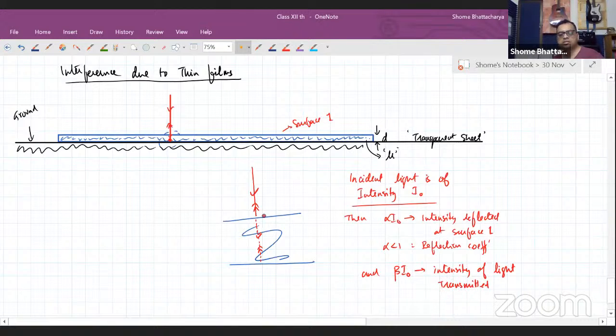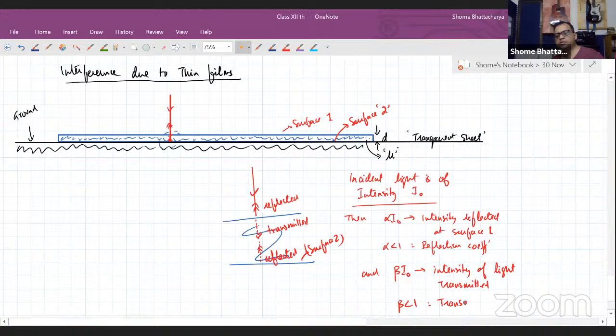That is, this is reflected, this is transmitted, and this again reflected from below at the second surface. Okay. So here beta is also less than 1, and it is called the transmission coefficient.